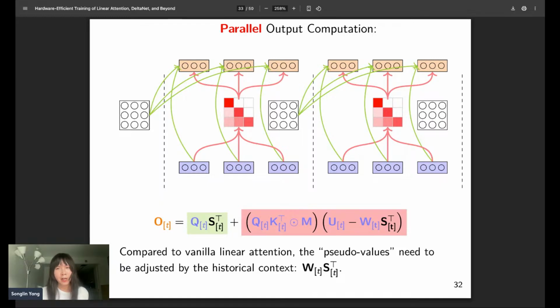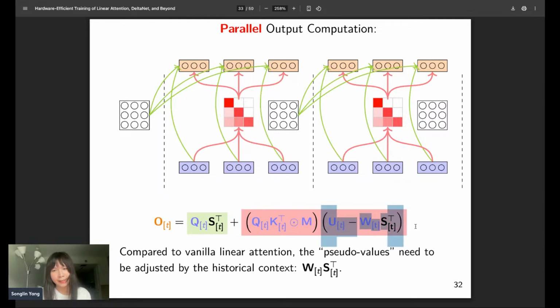For the parallel output computation, it is very similar to the linear attention case, except that we need to consider the influence from the previous hidden state, because in DeltaNet, the input value is influenced by the previous hidden state. And we use another matrix multiplication to address the input value matrix.